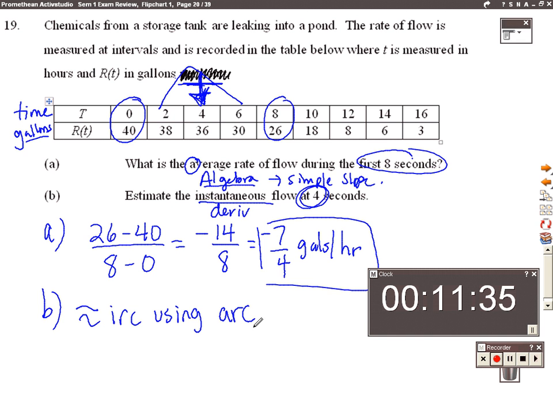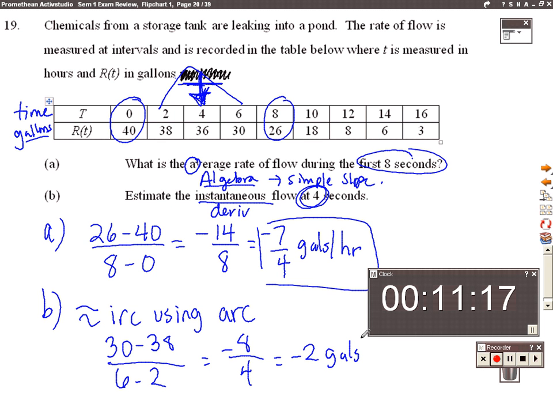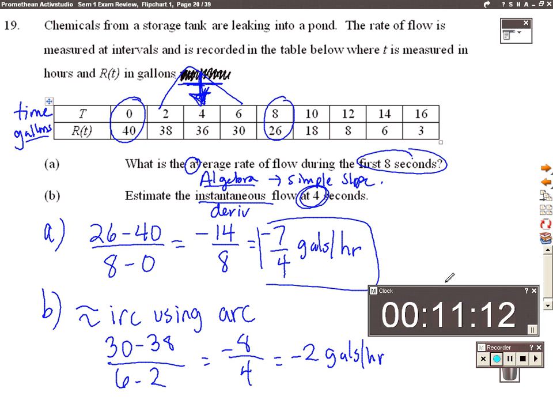So we would have 30 minus 38, the change in y, over 6 minus 2, the change in x. That gives me negative 8 over 4, which is negative 2 gallons per hour. So that's a pretty simple problem.